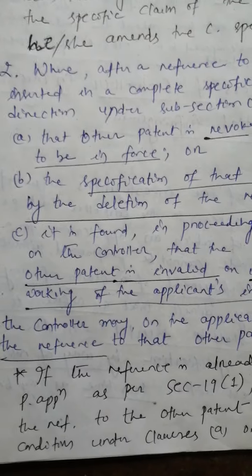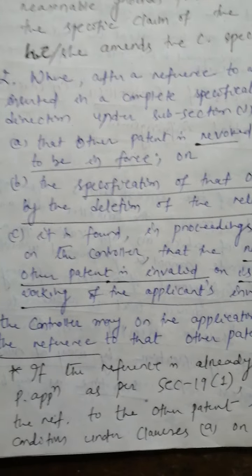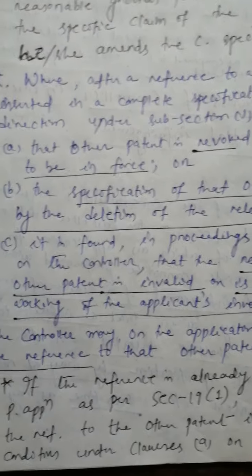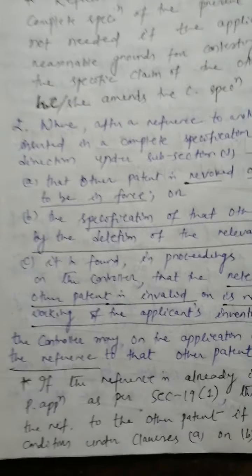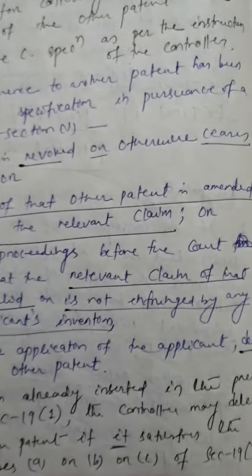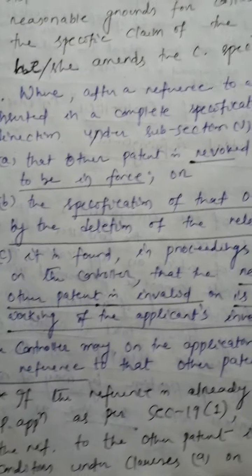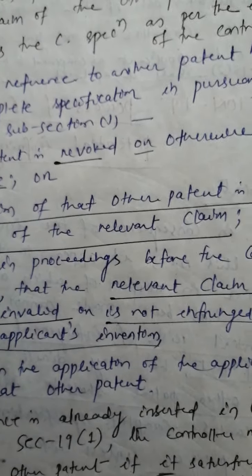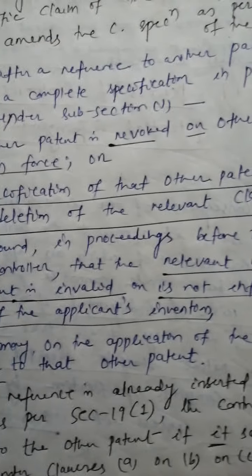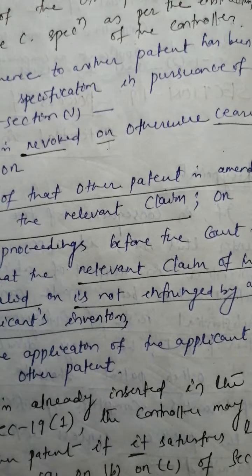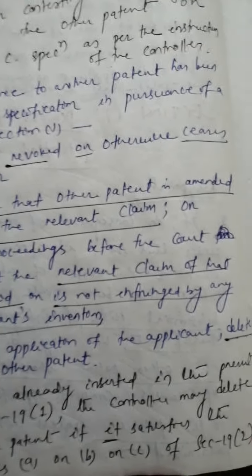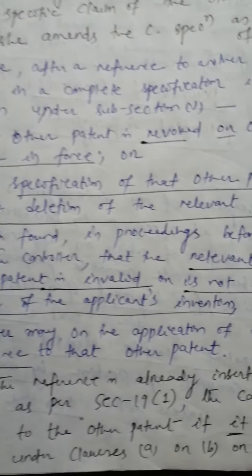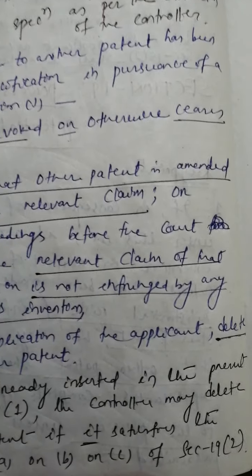The same thing I have written here, so take a look at the sentences in black ink. If the reference is already inserted in the present patent application as per section 19 subsection 1, the controller may delete the reference to the other patent if this application satisfies the conditions under clauses A, B or C of section 19 subsection 2, as per the request of the applicant.